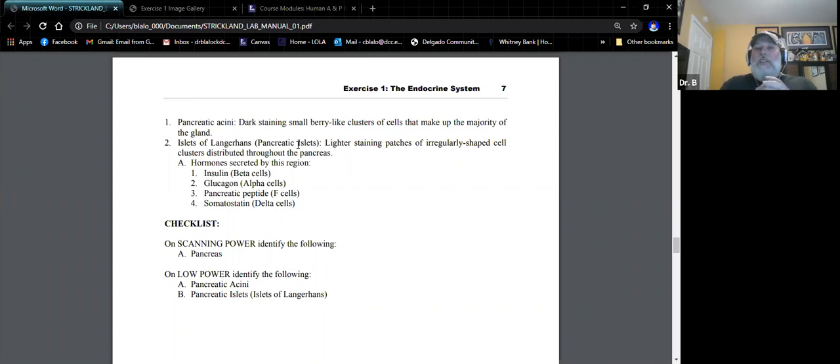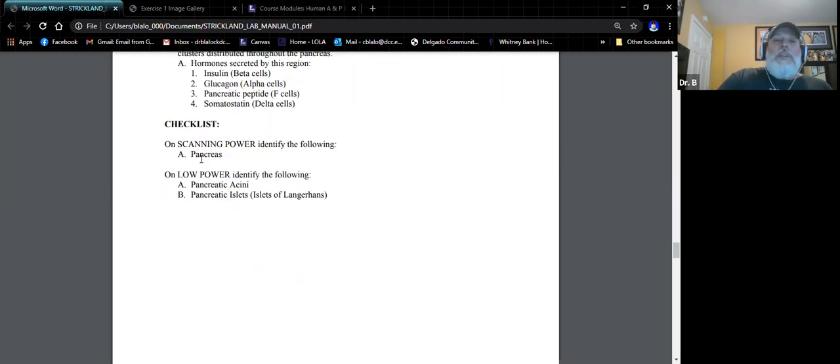These faded clusters of cells are going to be what contains our beta cells, alpha cells, delta cells, and our F cells. Now, you're not going to have to identify the cells individually, but you will have to be able to identify the pancreatic islet compared to the pancreatic acini. So you'll need to be able to identify the pancreas as a whole and those two different structures.